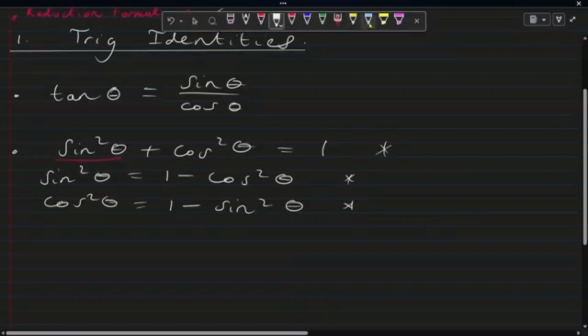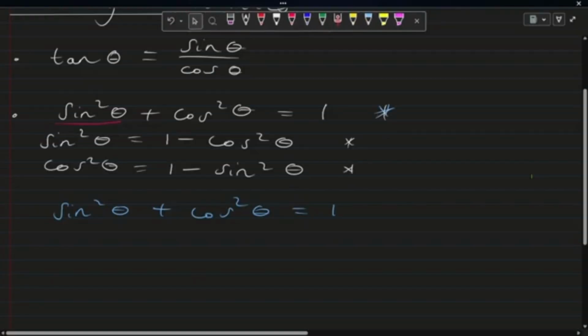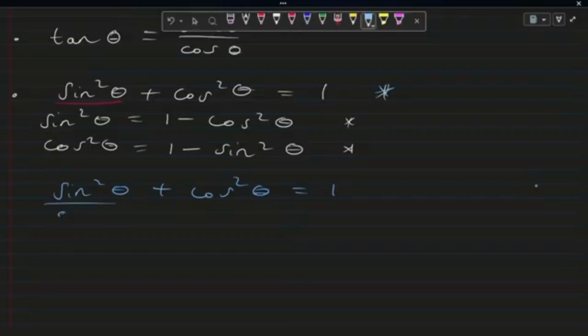Okay, and then another thing that we can do is we can derive 2 more identities from this main identity. So I can take sine squared theta plus cos squared theta, which is equal to 1, and then I can divide all of this by sine squared theta.